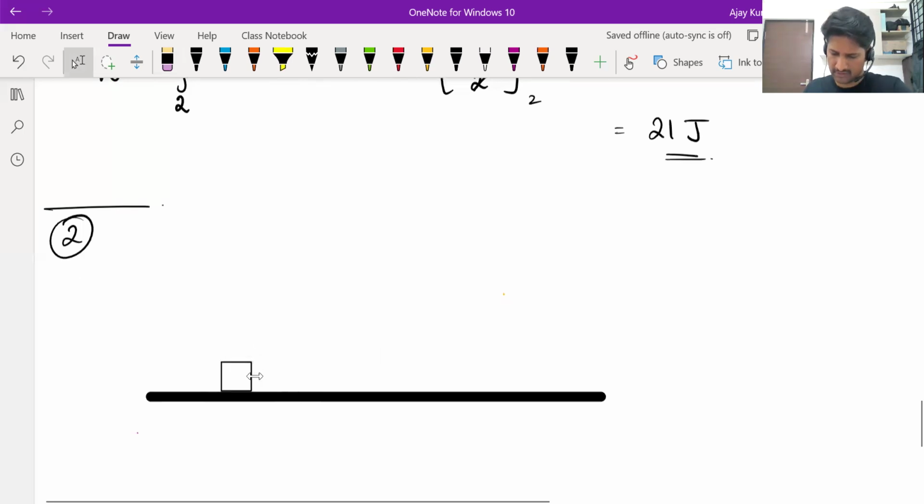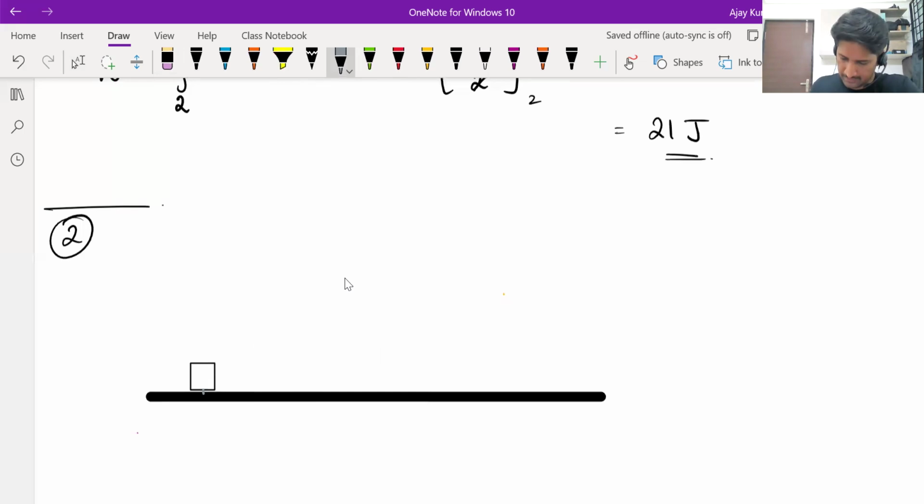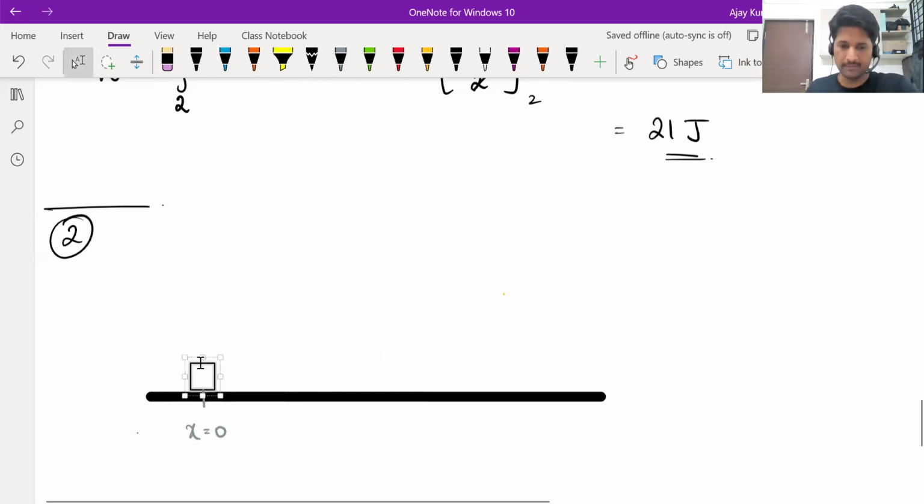Small box means its dimensions are negligible. Let's say the small box is initially at x equal to 0 and it is dragged all the way, along the floor itself, to, let's say, x equal to 10 meters.